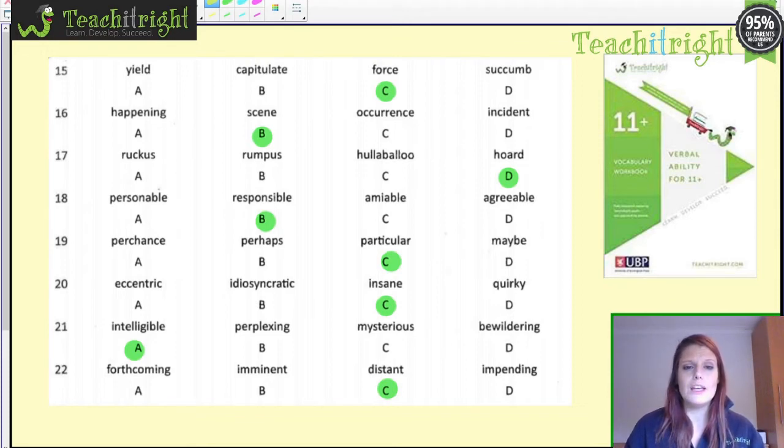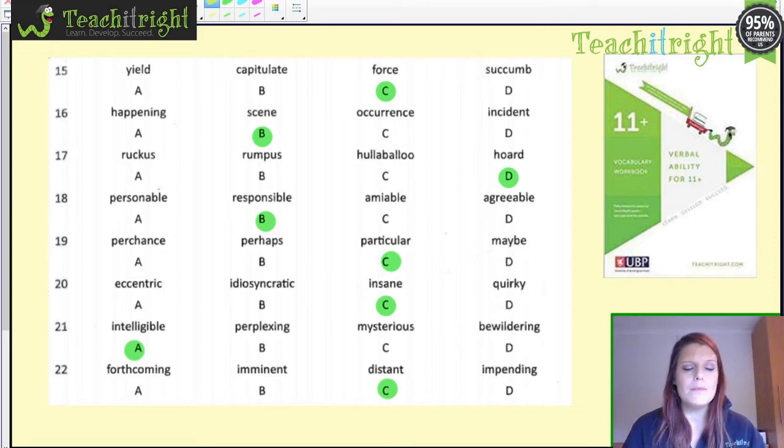Eccentric, idiosyncratic and quirky. Again, these are words that I would advise looking up in a dictionary and writing in your word and meaning book. If somebody's a little bit eccentric, it means they have some funny ideas and maybe act a little bit odd sometimes, but it doesn't mean that they're mad and they've lost their mind or anything like that.